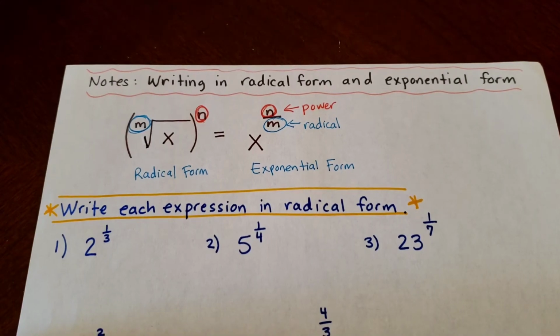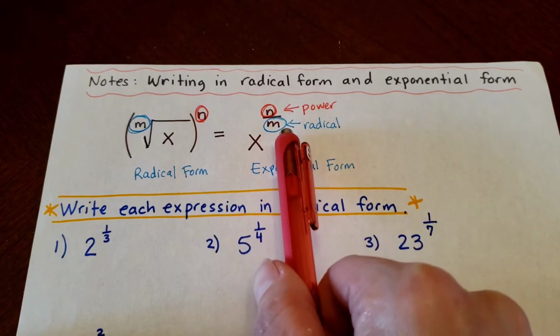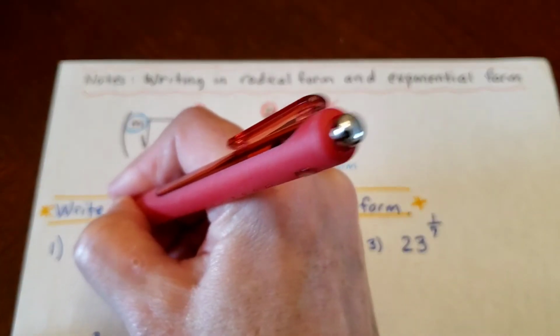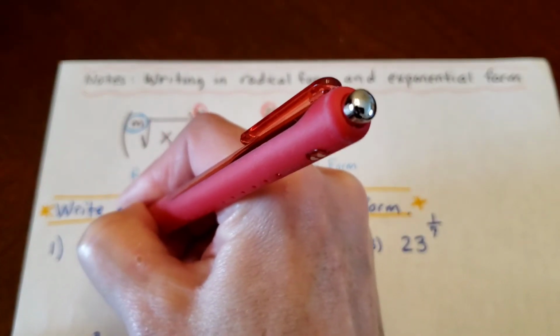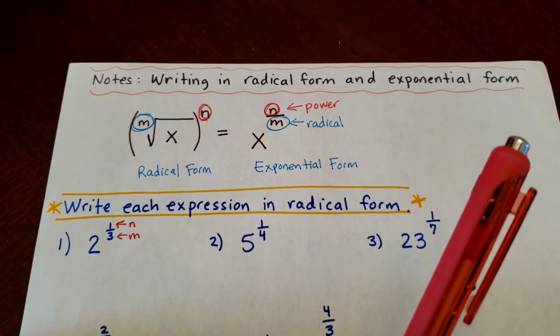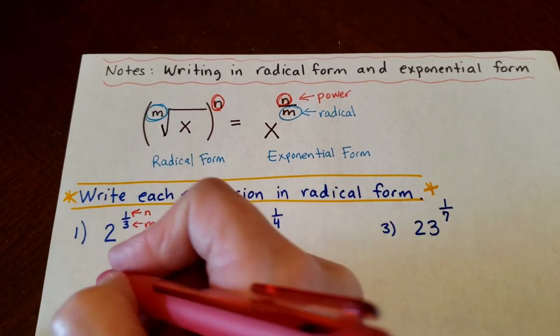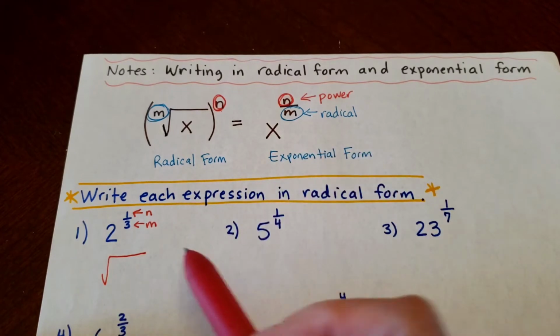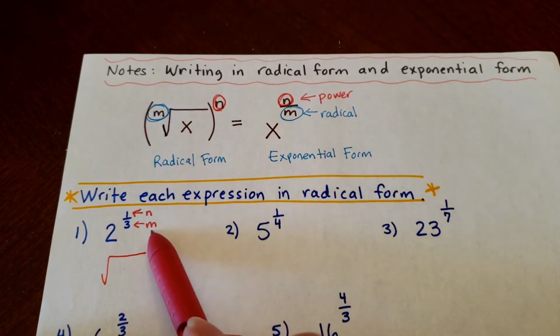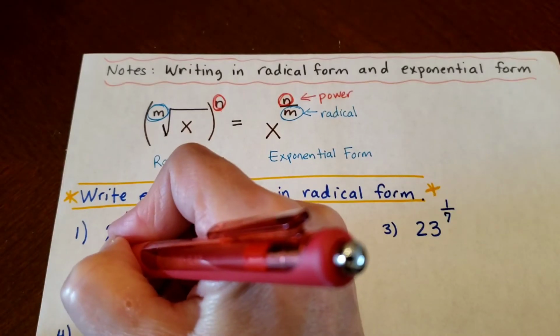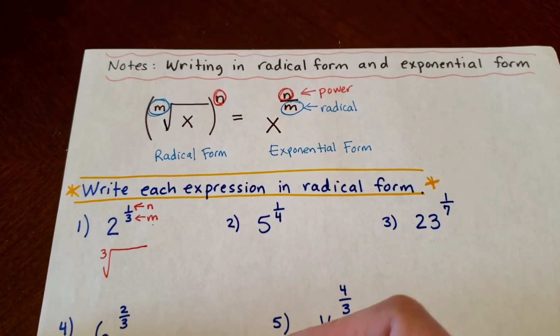The first directions say write each expression in radical form. So if I copy this, I have this n and m. If I say this is n and this is m, and then I go ahead and draw my radical, I know that the m, from matching it, goes outside. So that 3 will go outside and make sure it's small.